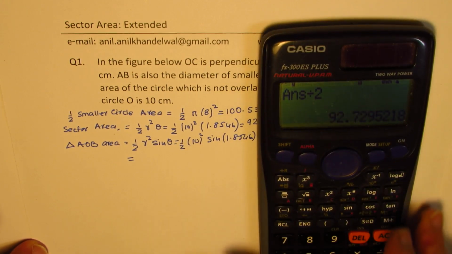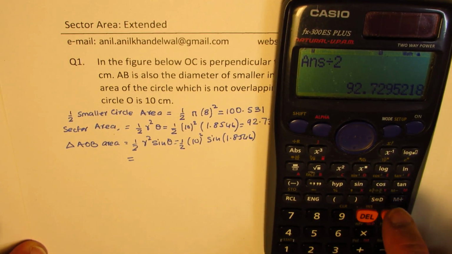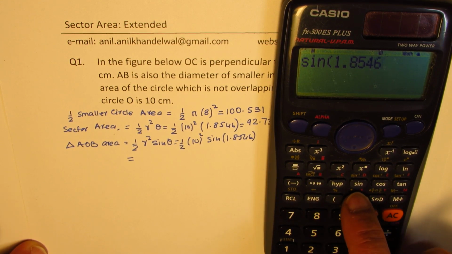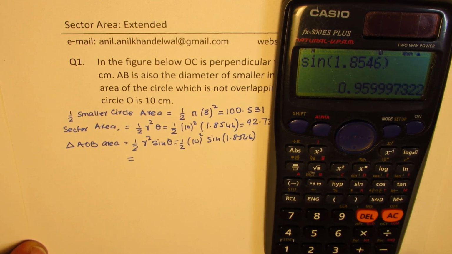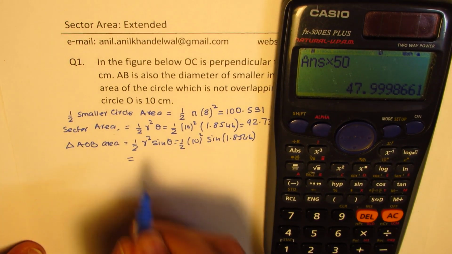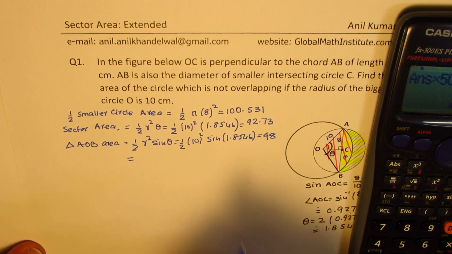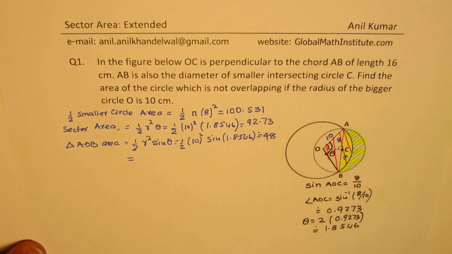So that is sine of 1.8546, and this value will be multiplied by 100 divided by 2, so I'll do times 50 here. 47.99, so it could be written as 48. Let me write here itself, 48. Right, so that's good. So we got the area.